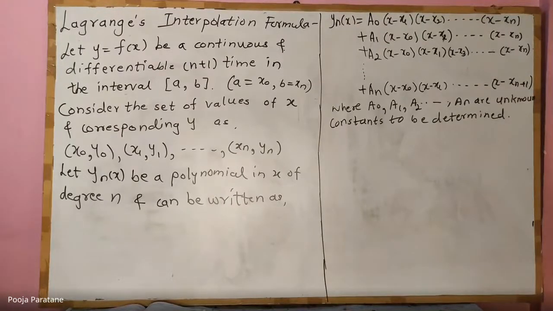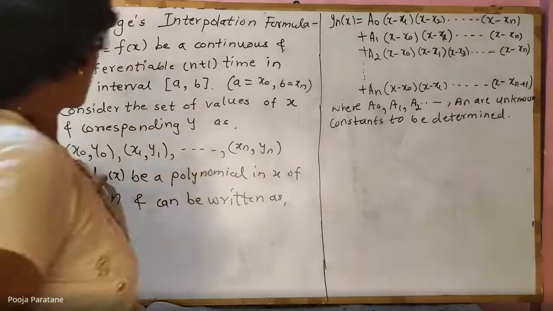Same as in Newton's forward and backward interpolation formulas, to get the values of these unknown constants a0, a1, a2 up to an, we will use these points.